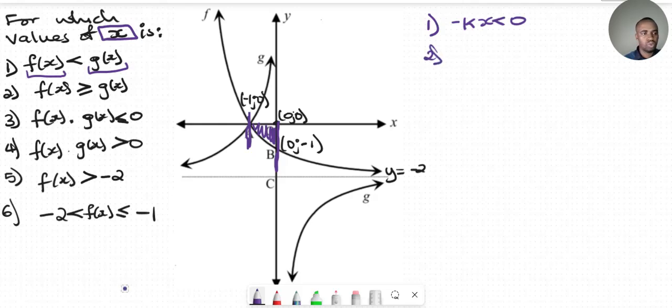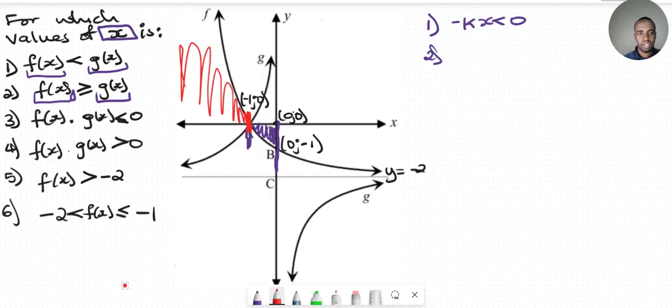Question number 2 is asking for which values of x is f greater than or equal to g. So my graph of f is greater from -1. You see the graph of f becomes above the graph of g.